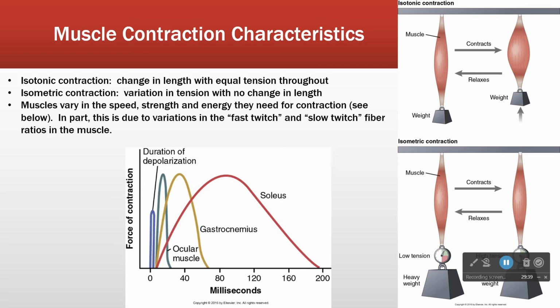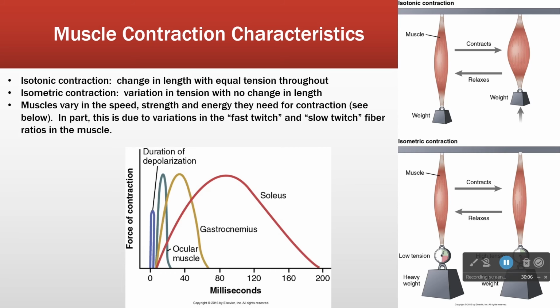So the fast twitch fibers are rapid contractors, and they can generate a fair bit of force, but not for very long. Another example of a fast twitch fiber is your gastrocnemius muscle, your jumping muscle. It can contract fast enough and hard enough that it can lift your body up off the ground, but it can't maintain that for long periods of time.